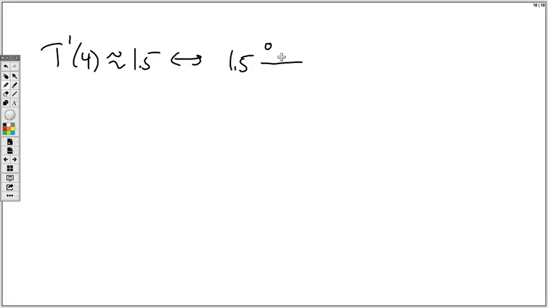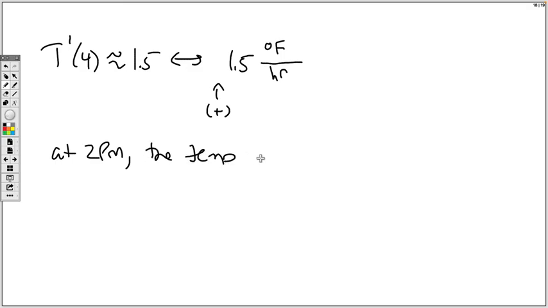Yeah, this would be degrees Fahrenheit per hour. Does that make sense or not? And the fact that we have a positive tells us what about the temperature? Yeah, it's getting bigger. It's warming up. So at 2 p.m., the temp is warming up at 1.5 degrees Fahrenheit per hour.